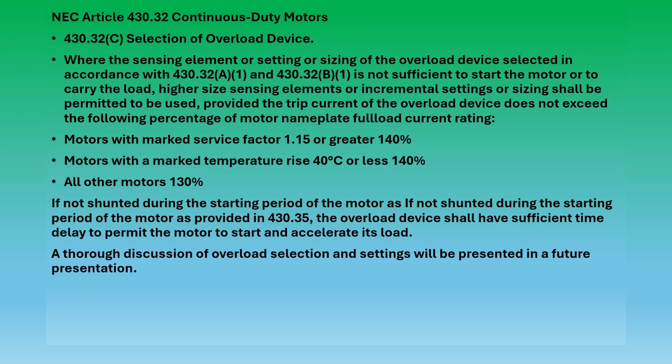So motors marked with a service factor of 1.15 or greater, you can go up to 140%. If it's 40 C or less, you can go up to 140%. All other motors are 130%.